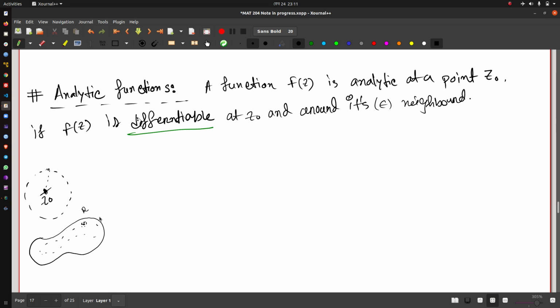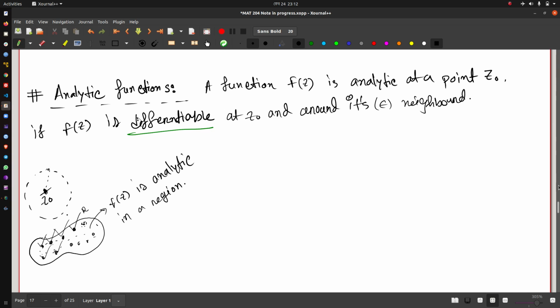If that is true, then we say the function f of z is analytic over this region. That means if f of z is analytic at all these points which make up the region, then f of z is analytic over this whole region.